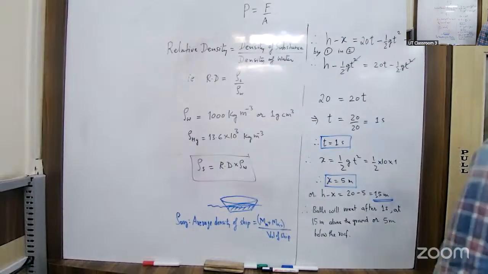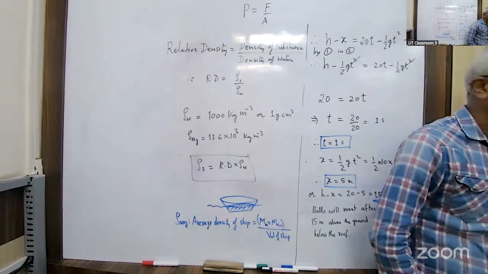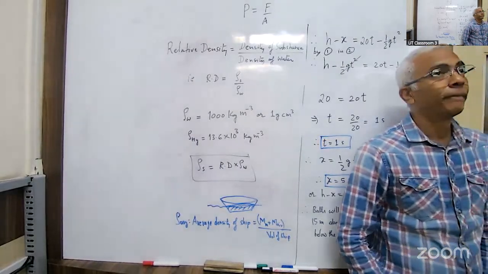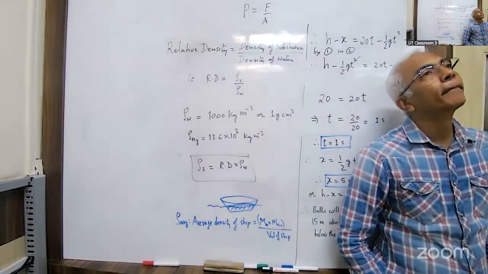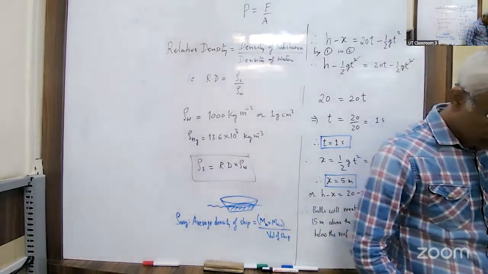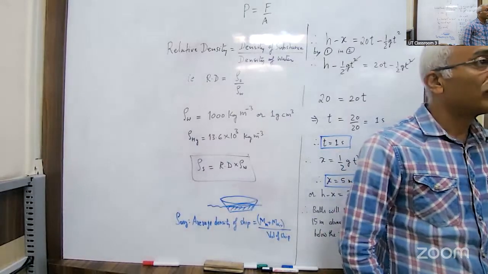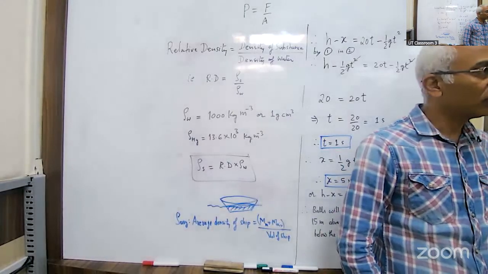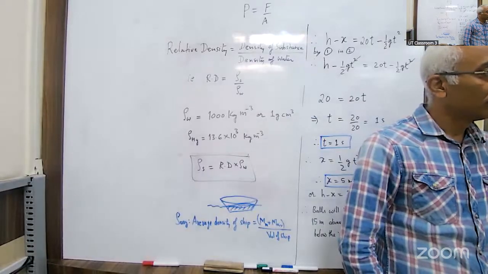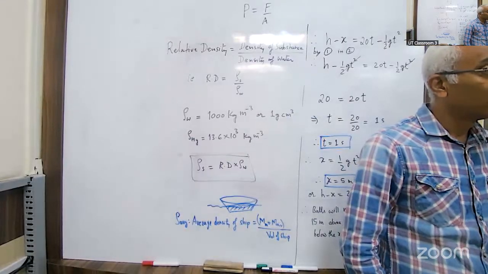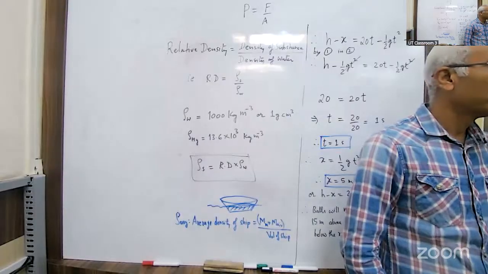What should it be? When you are standing on the weighing balance, what is happening? Is there any upthrust acting on you? So gravity is there, so what will happen?